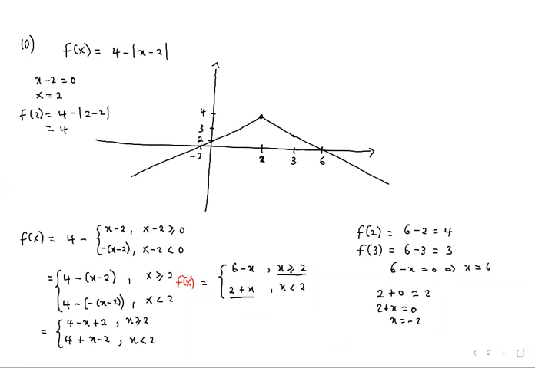If the function is continuous, then you require that if f of x is continuous at a point x is equal to c, then 1, f of c must be defined.